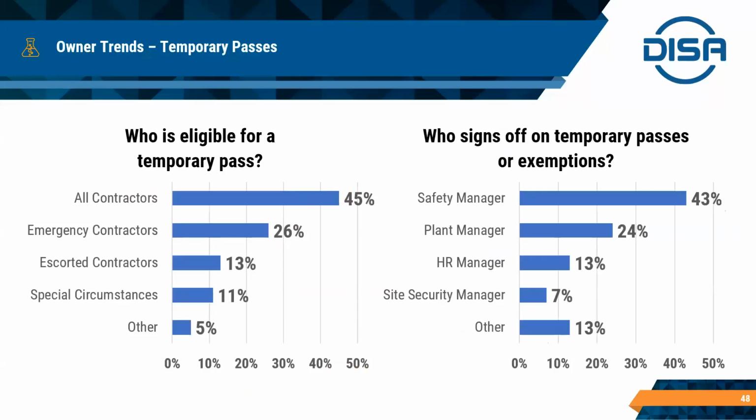And so then we asked who signs off on temporary passes or exemptions. 43% of the time it's the safety manager, but you can see 24% of the time, 1 out of 4 times, the plant manager or the highest level of that operation is signing off on these temporary passes, which probably speaks to the infrequency of these things occurring.